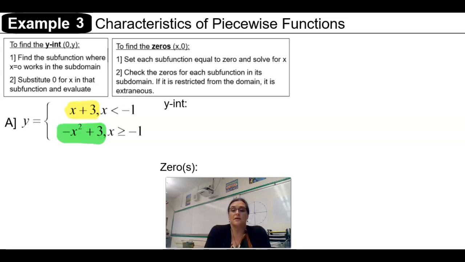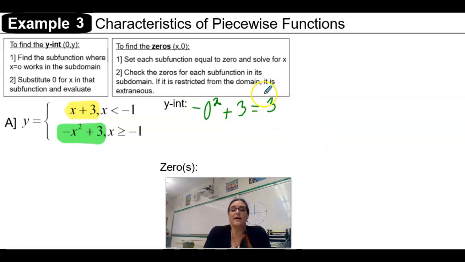So I'm going to take this -x², but instead of x, I'm going to put in a 0. So I have -0² plus 3. And 0² is 0, times a negative is still 0, plus 3 is 3. So my y-intercept is at 3.